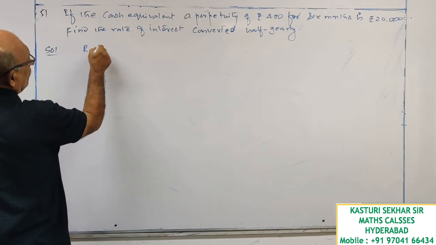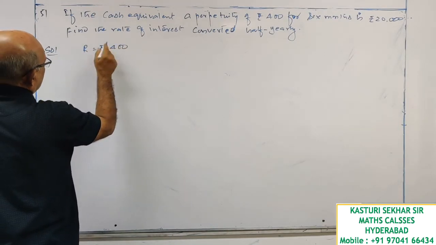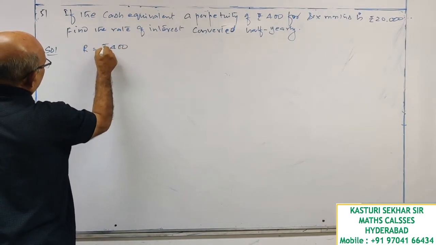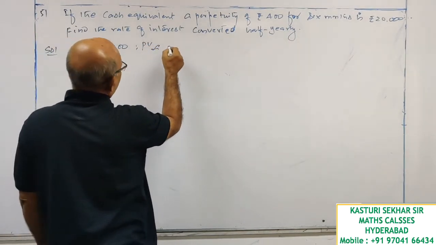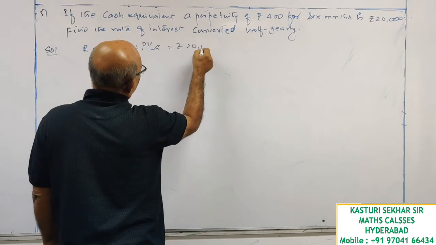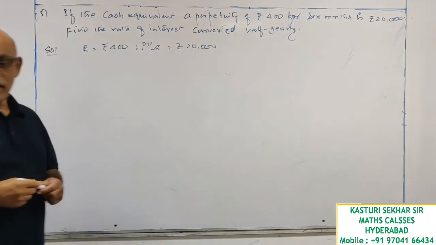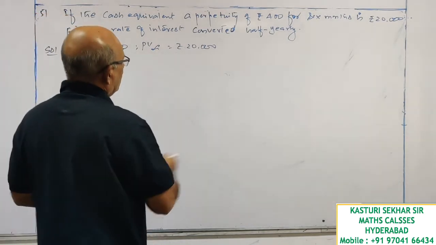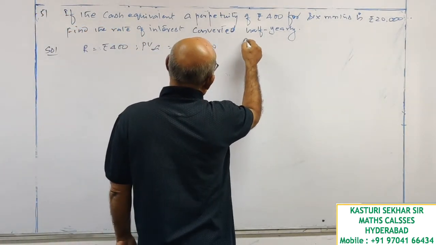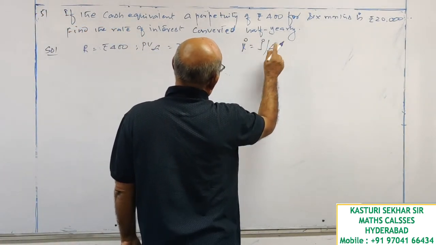Now here R is equal to rupees 400. Present value of perpetuity is equal to rupees 20,000. I is equal to J by 2.